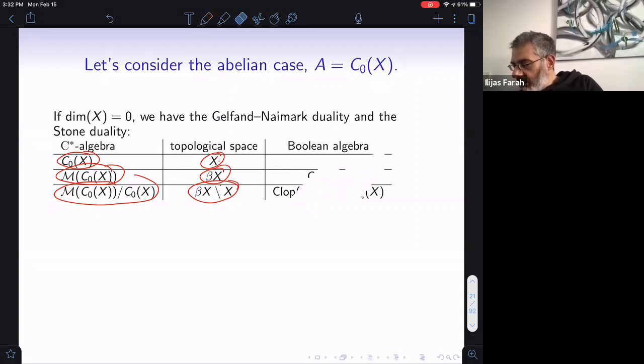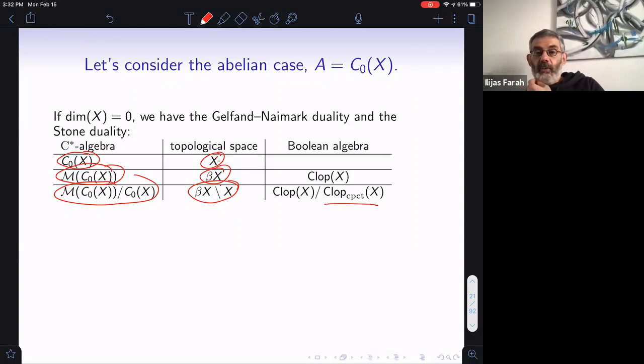Sorry, what am I saying? Yeah, that's fine. So clopen subsets of X, if you look at clopen subsets of X, they're really the same as clopen. It's an isomorphic algebra to the algebra of clopen subsets of beta X. And beta X is the Stone space of that. If you remove X, what you're really removing is compact clopen subsets of X. This is an ideal of the Boolean algebra, and the quotient is this.